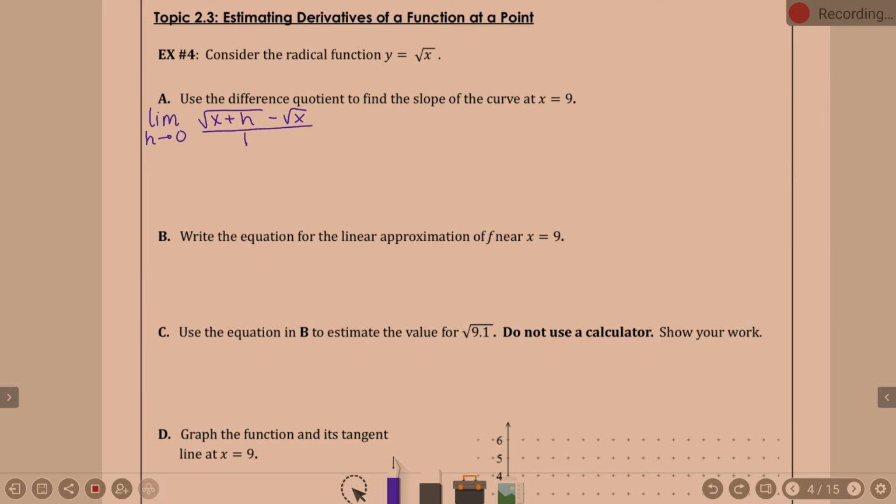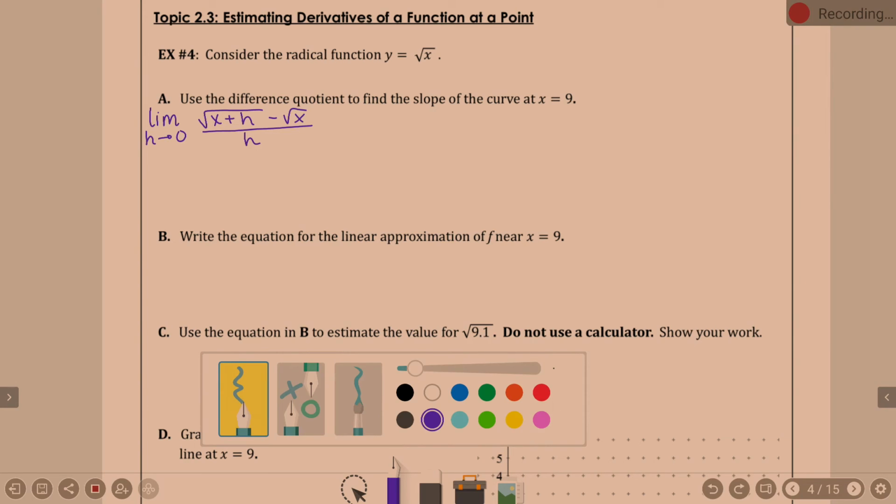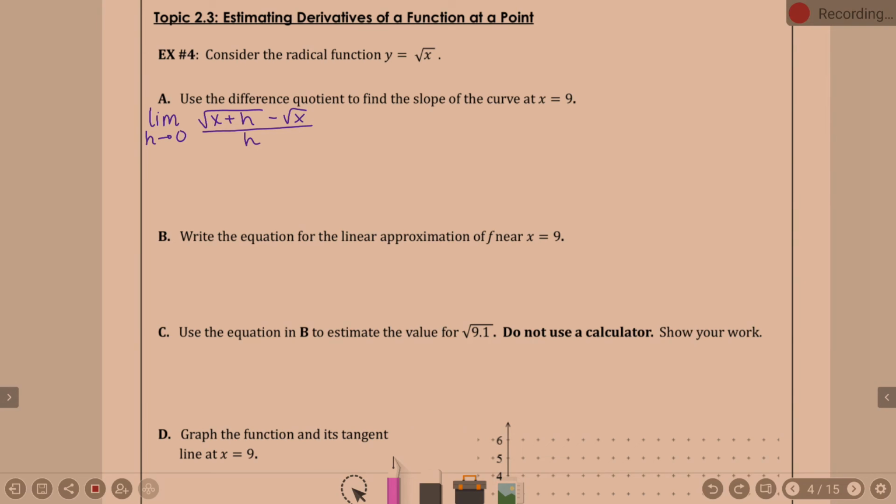Are you guys with me? Because remember, it's f of x plus h minus f of x all over h, correct? Now what? Multiplied by square root of x plus h plus square root of x over square root of x plus h plus square root of x.